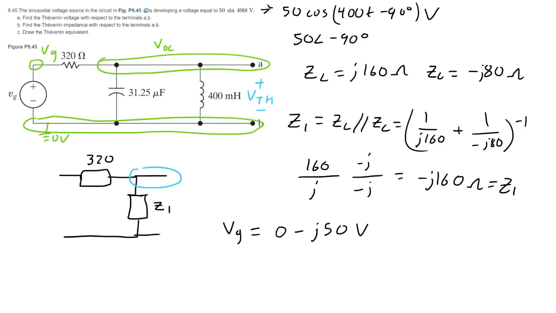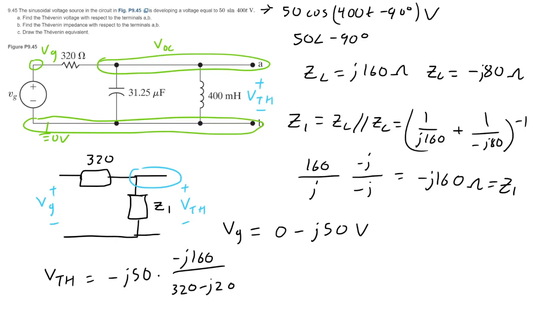Which means that if this is VG, then VTH is going to be VG times Z1, which is minus J160, over the combination of the impedances in series.